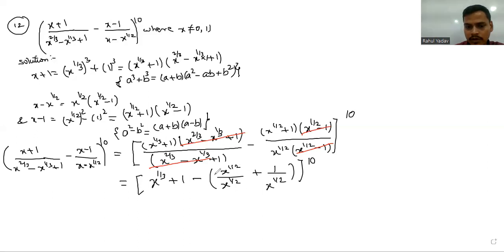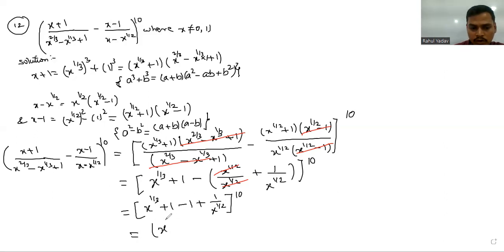So what we will get here, if I cancel this, we get x^(1/3) plus 1 minus 1 plus 1, x^(1/2) plus 10. In the next step, student, plus 1 minus 1 will be 0.